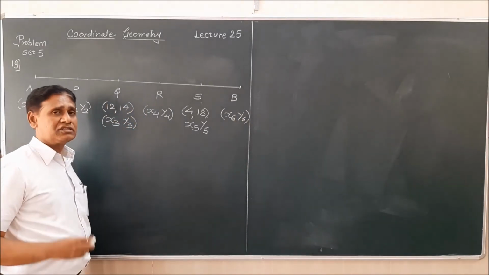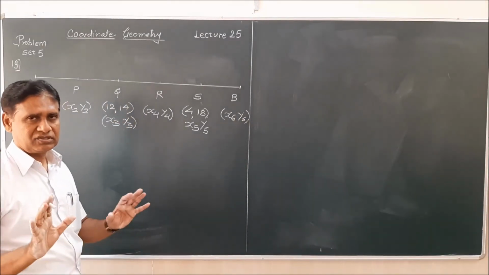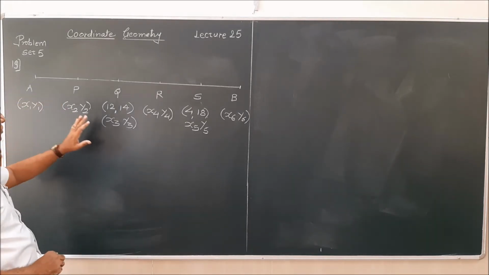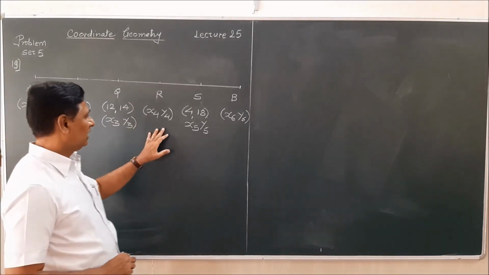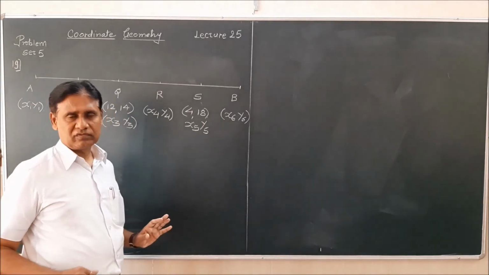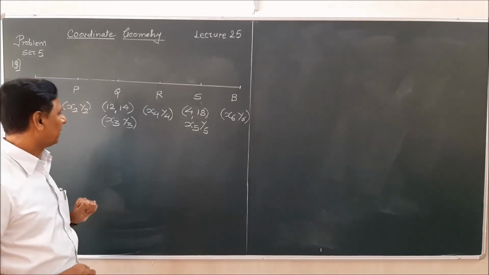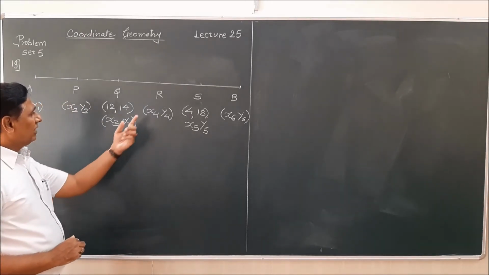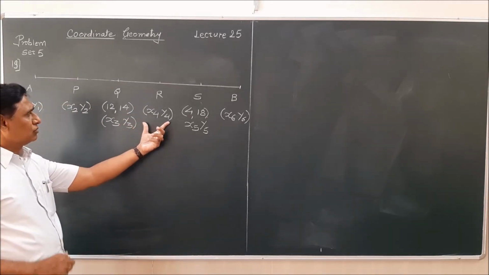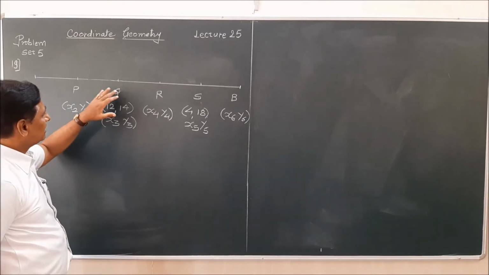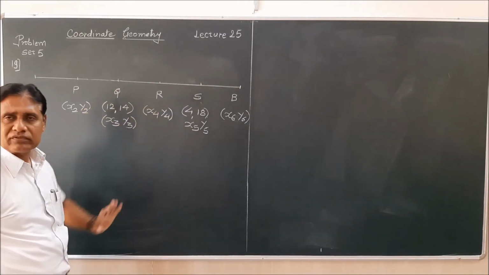That way calculations are very simple, not so difficult ones, but you will find so many points. We have to find out coordinates of 4 points. Now we can find out coordinates of R very easily. Reason is R is the midpoint of QS.